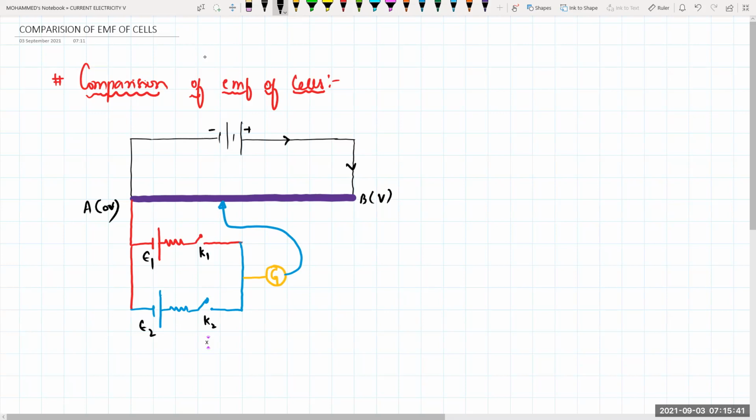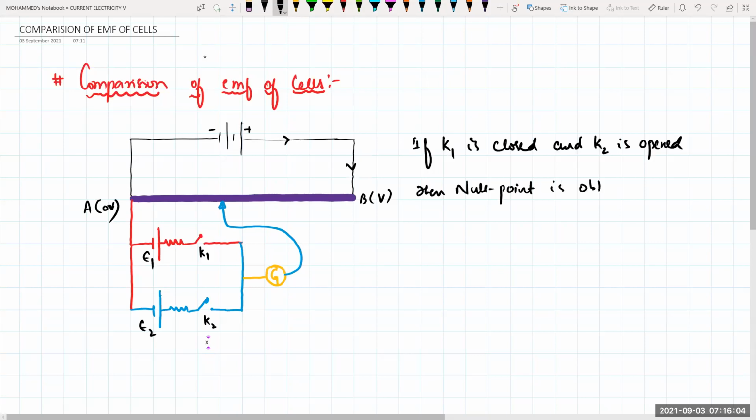So here I'll write that: if K1 is closed and K2 is opened, then the null point is obtained at length L1 with cell E1.